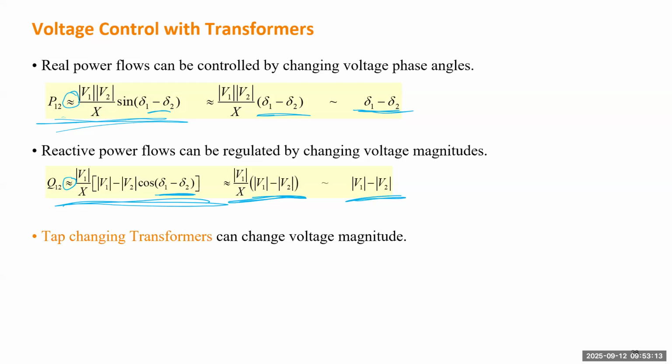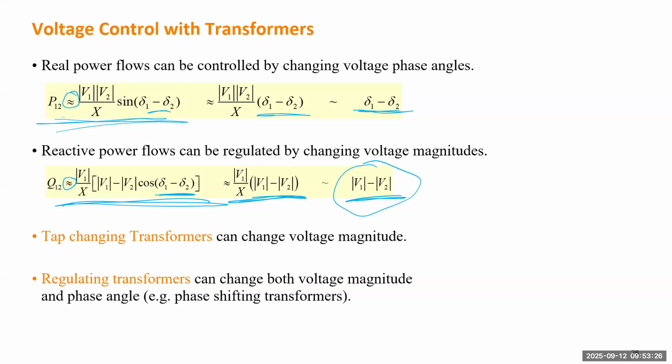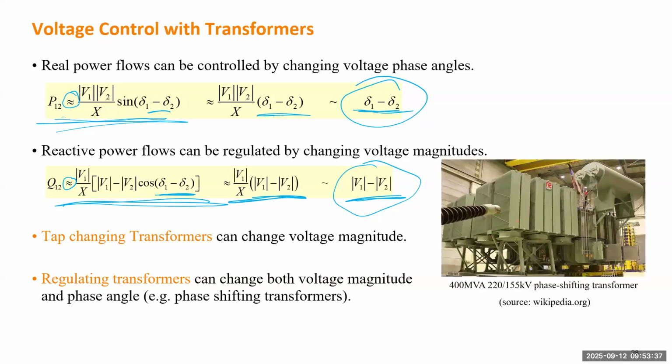So a tap changing transformer will utilize this idea to influence the reactive power flow, such as to control the voltage magnitude. A regulating transformer can either influence the voltage difference or change the angle difference to control both active and reactive power. So this is one picture of a transmission level phase shifting transformer for three phases.